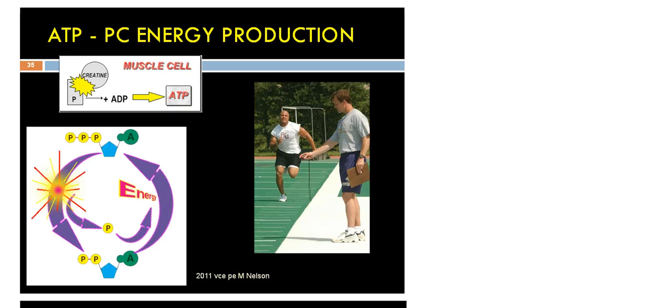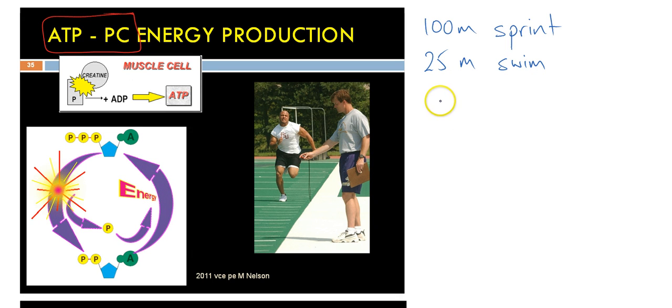So what type of events or sports would we consider to be ATP-PC Energy System based events? I think that the easiest ones to look at could be a 100-meter sprint. It could be a 25-meter short course swim. And then probably the other ones that are the easiest to think of are our athletic field events.